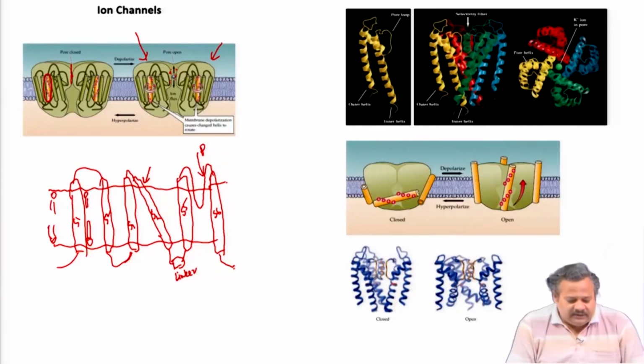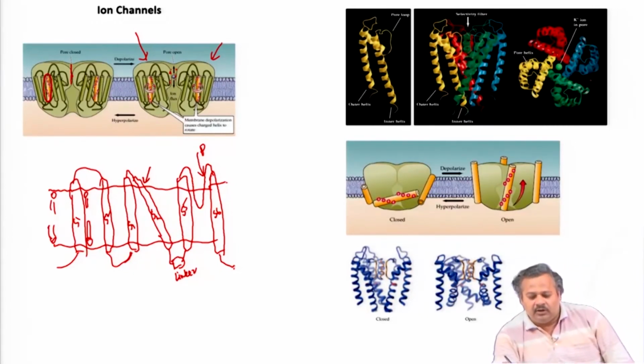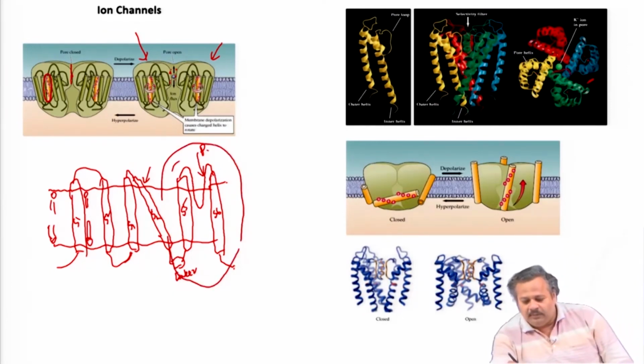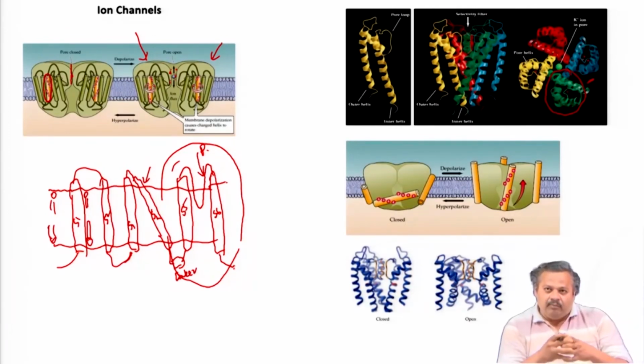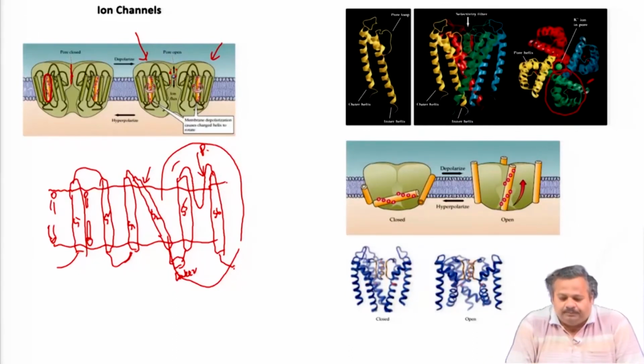What we see from X-ray crystallographic studies here on the right, in the top view, is that you have the 4 domains on the 4 sides, each of these showing the S5 and S6 domains. The other parts are also there, but in this structure they are absent, and the 4 of them together make up the central part of the ion channel, the path through which the potassium ion goes through.